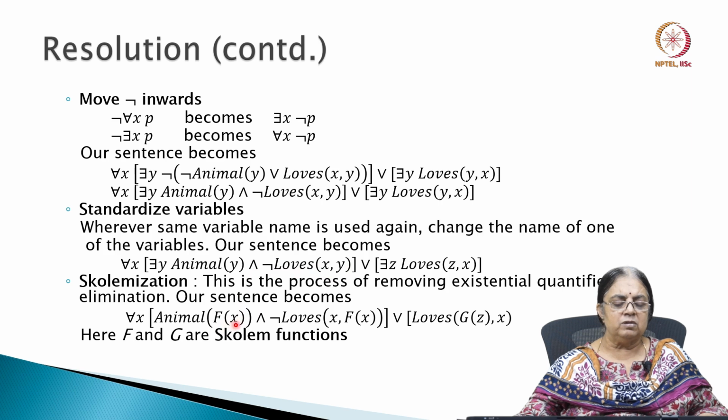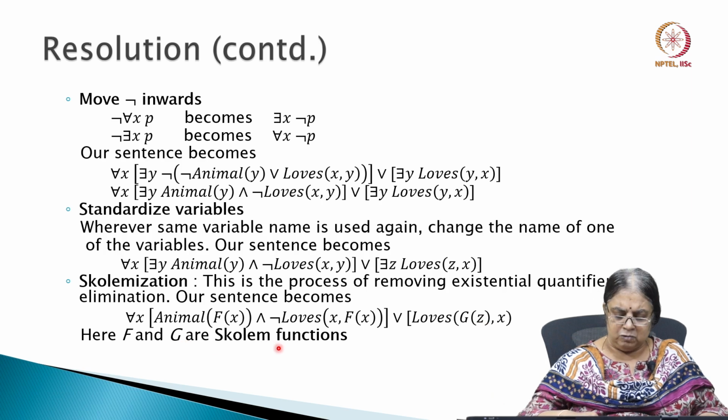So function animal as a function of x you are putting, and here again you have exists z and you are putting that as g of z which is a function of x, basically. This should be x basically, okay. So f and g are the Skolem functions which are used.